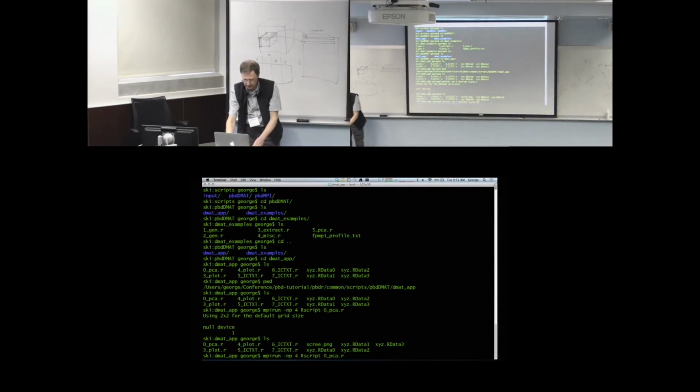So here I do mpirun. Can everybody see it down here? Is that good from back there? So mpirun, I use 4 processors. I mean, four threads in a sense. I only have 2 cores. Now, why do I do that?